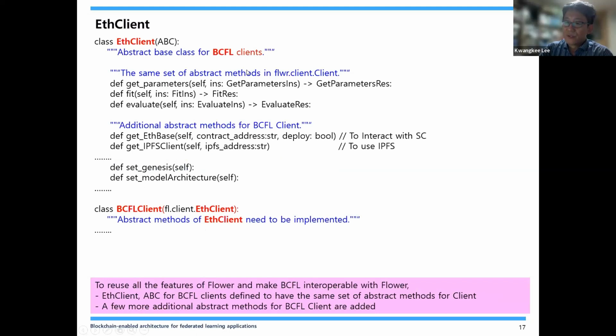To reuse all the great features of Flower and make BCFL interoperable with Flower, we defined the abstract base class for BCFL clients, which has the same set of abstract methods as Client. In addition, we have added a few more abstract methods that need to be implemented in the BCFL client.